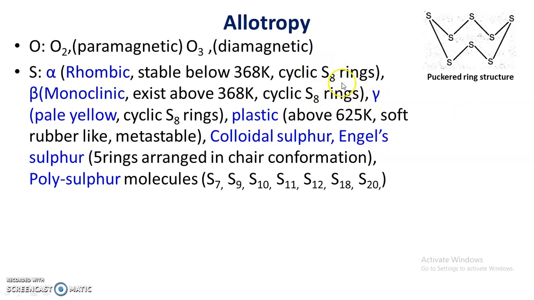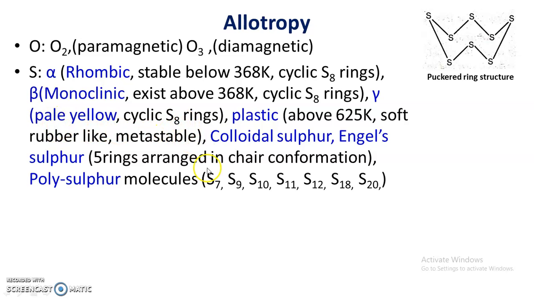In one molecule there are 8 atoms, and therefore its molecular formula is S8. Beta sulfur or monoclinic sulfur exists above 368 Kelvin. It also has a puckered ring structure. It is cyclic, existing as an S8 molecule. Gamma sulfur also is a pale yellow sulfur.